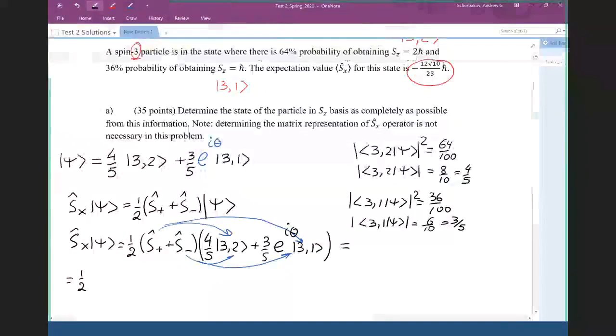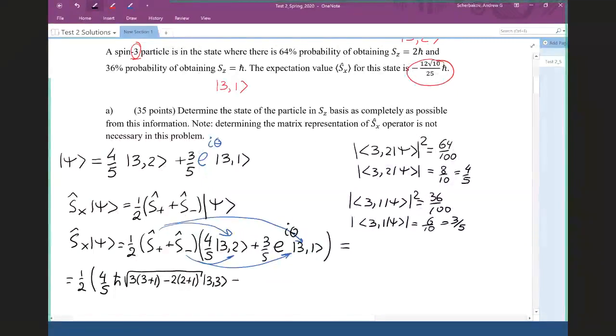So it's going to be 4/5 h bar, and we apply raising to 3/2: the square root of 3 times 3 plus 1 minus 2 times 2 plus 1, and that would be state 3/3.